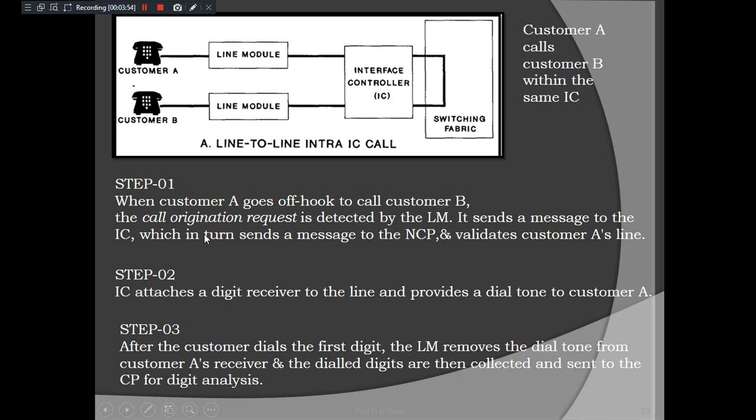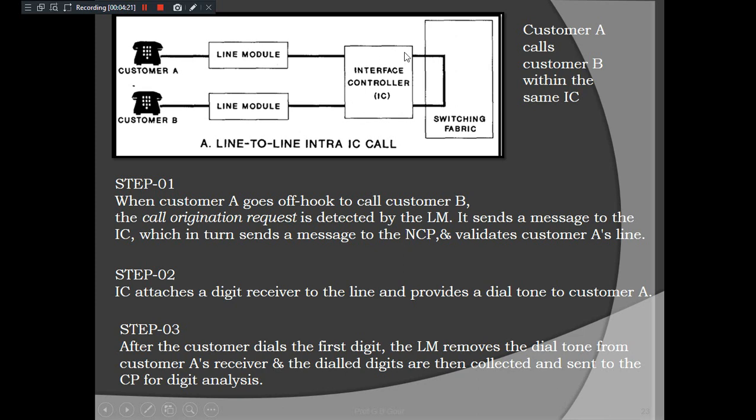It sends a message to the IC, which in turn sends a message to the NCP, that is the second level, and validates customer A's line, because the data corresponding to subscriber A is kept in the second level, with the NCP. By looking at that table kept in the NCP database, the call origination request by A will be authenticated and verified.